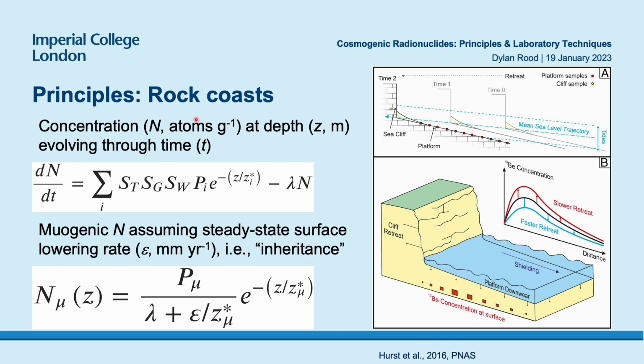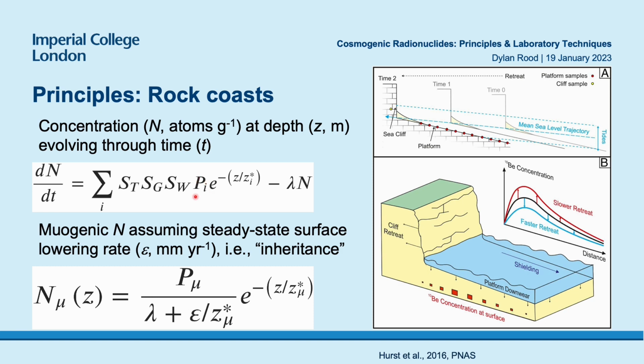So in the context of rock coast cosmogenic radionuclide applications, the cosmogenic radionuclide concentration, this quantity N, in units of atoms per gram, at any depth, as it evolves through time, can be expressed with this equation, where we integrate the first term, which is the production of the cosmogenic radionuclide, and then we subtract the right-hand term, which is the radioactive decay.